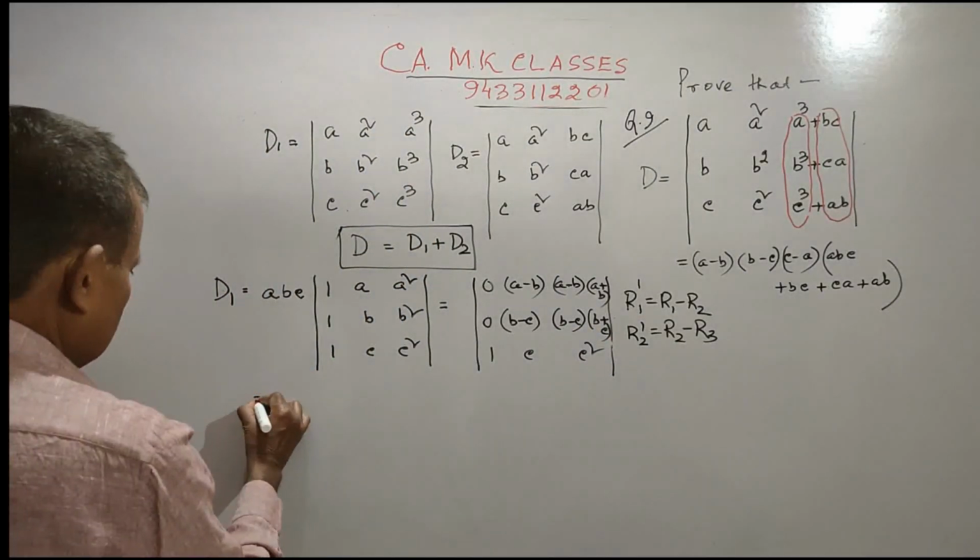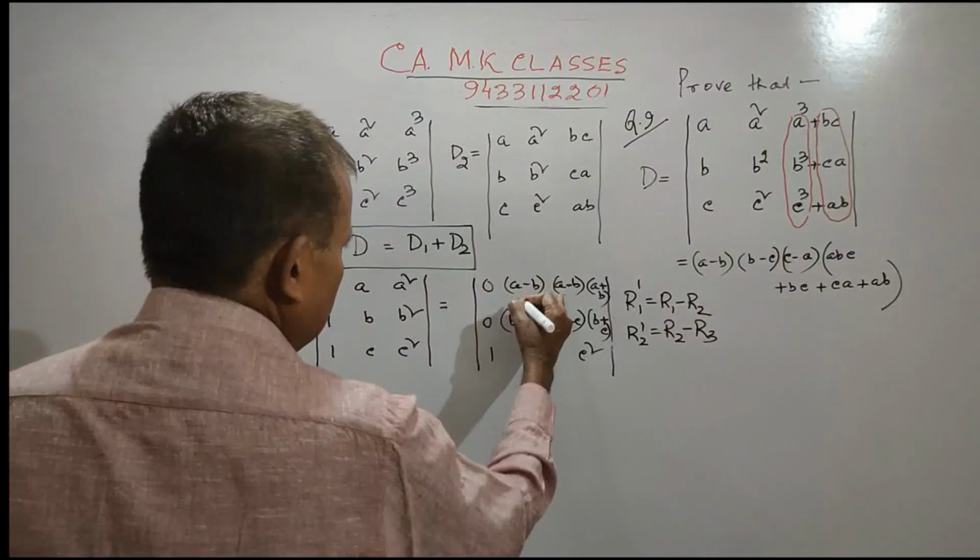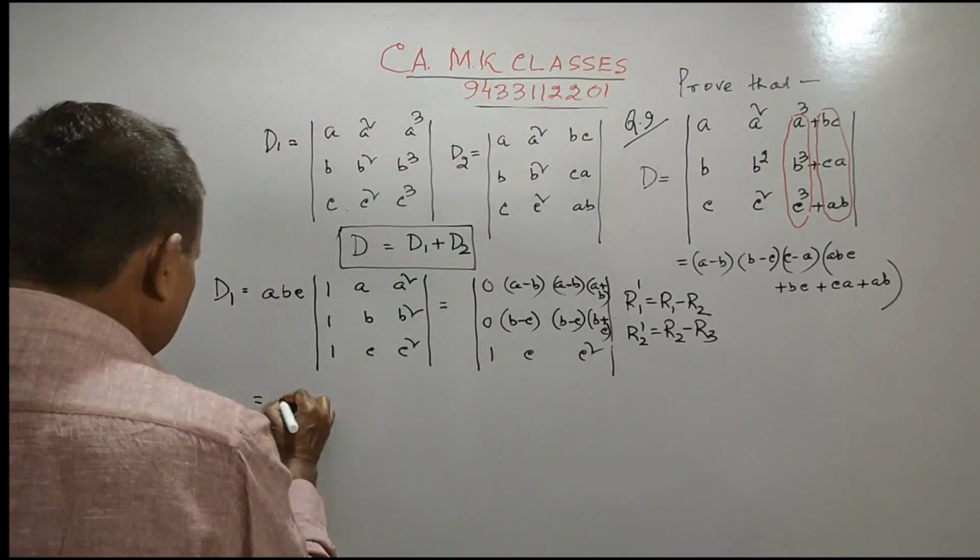So friends, let us take a minus b as common, b minus c as common.